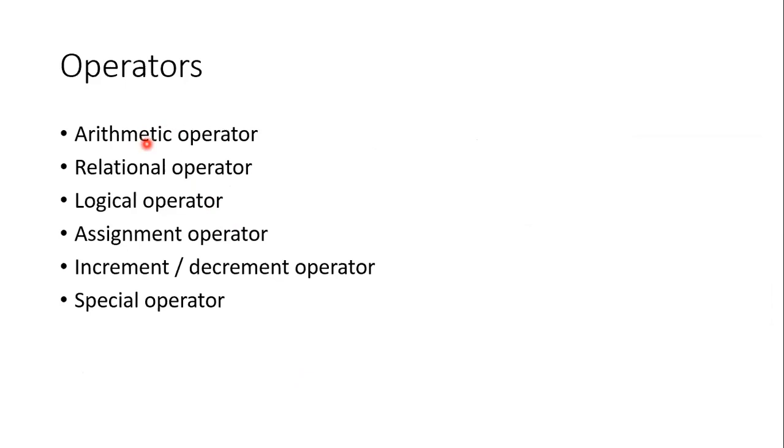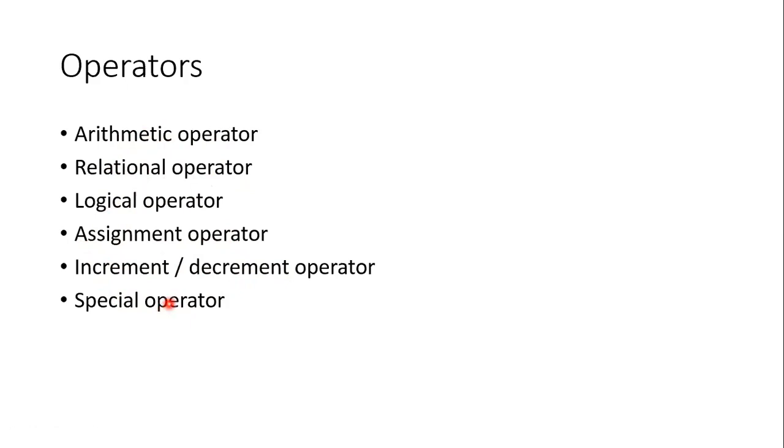That is what is called an operator. There are several types of operators available in C++. They are arithmetic operator, relational operator, logical operator, assignment operator, increment decrement operator, bitwise operator, and special operator.